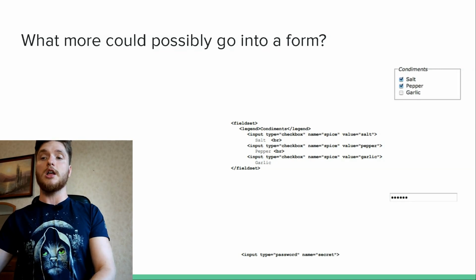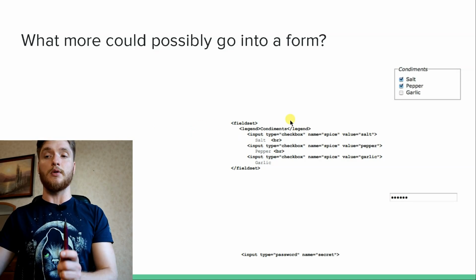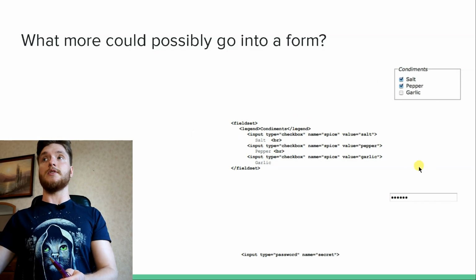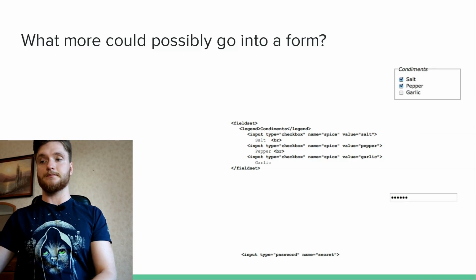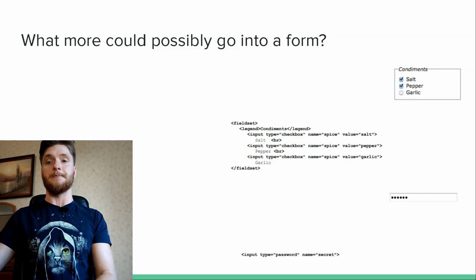Here's how they work together. The fieldset element surrounds the set of input elements. The legend provides a label for the group. Here's how the fieldset and legend look in one browser. You'll find that browsers display them differently.